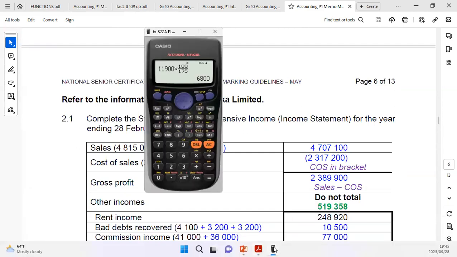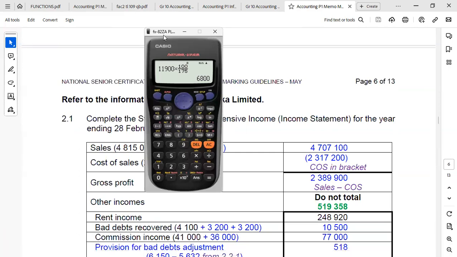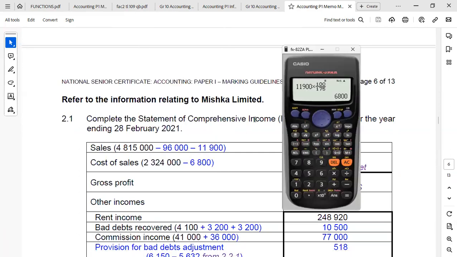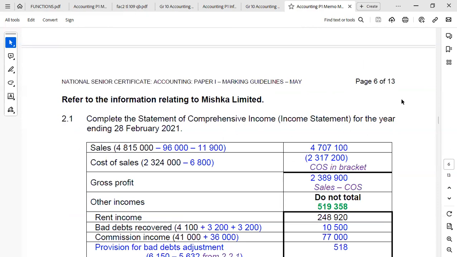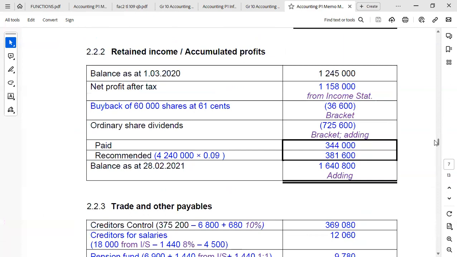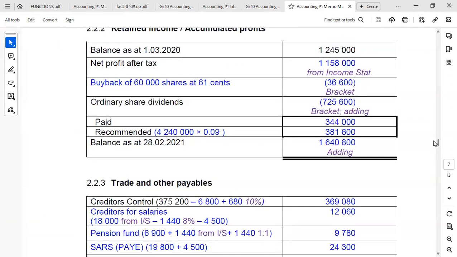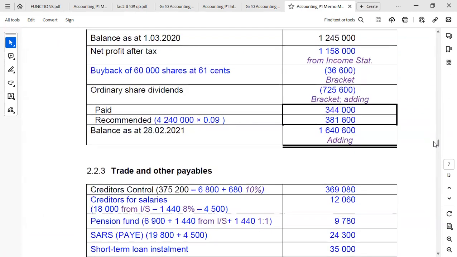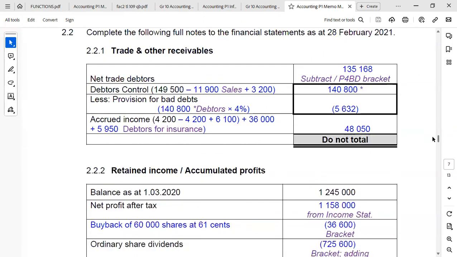If it was not given to you, you were going to calculate it because you had the markup. And this 11,900 must also be subtracted from trade and other receivables. Oh, there it is.